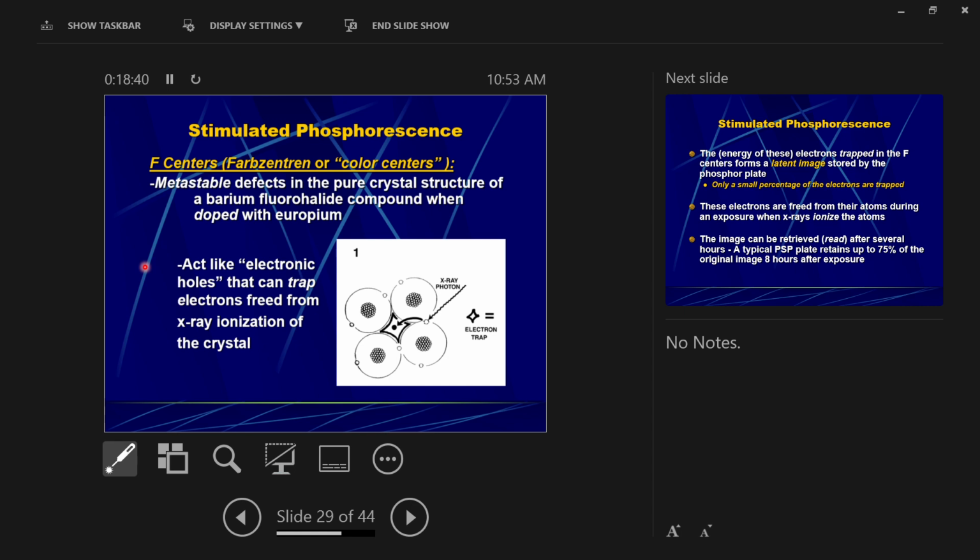Okay? If this were any other material, the electron would just go away from the atom. But in this special case, this special type of material, when the electrons are ionized from the atom after they absorb an X-ray photon, the electrons get trapped in between the atoms, and these electrons hang on to the energy that they just absorbed.